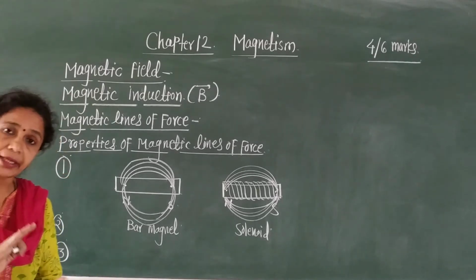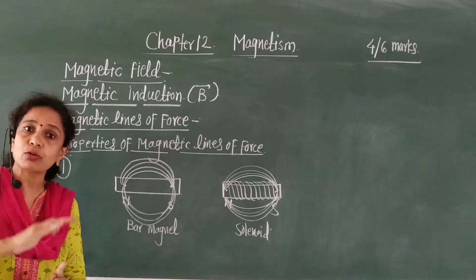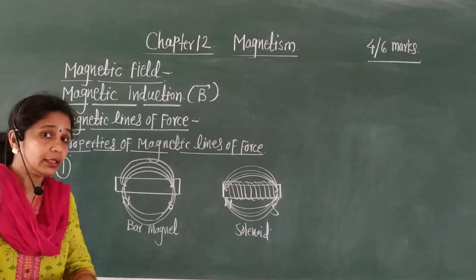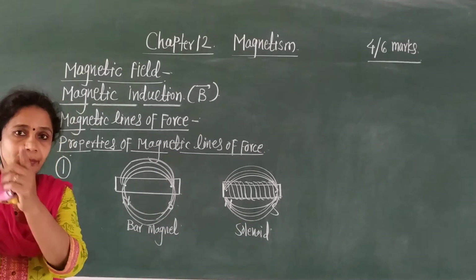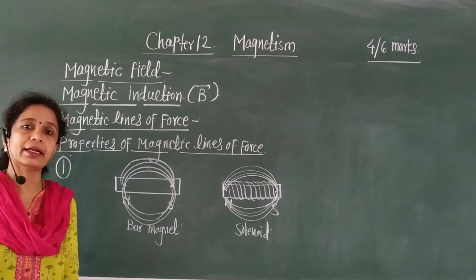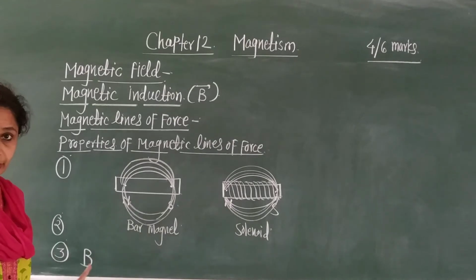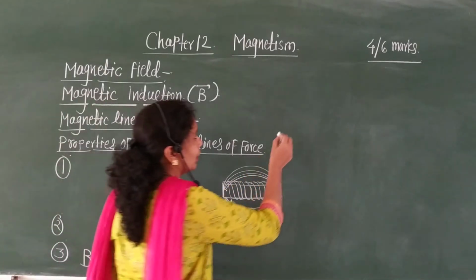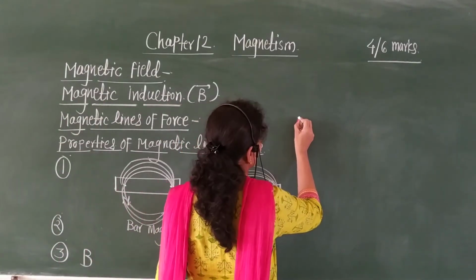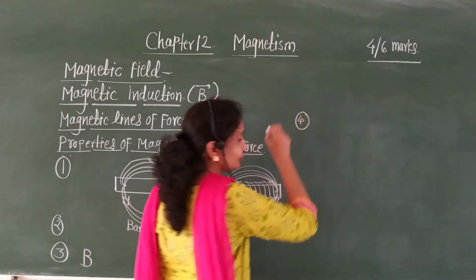Through a certain area, the number of magnetic lines of force that pass gives the magnitude of magnetic field, that is B. Okay, then fourth one.